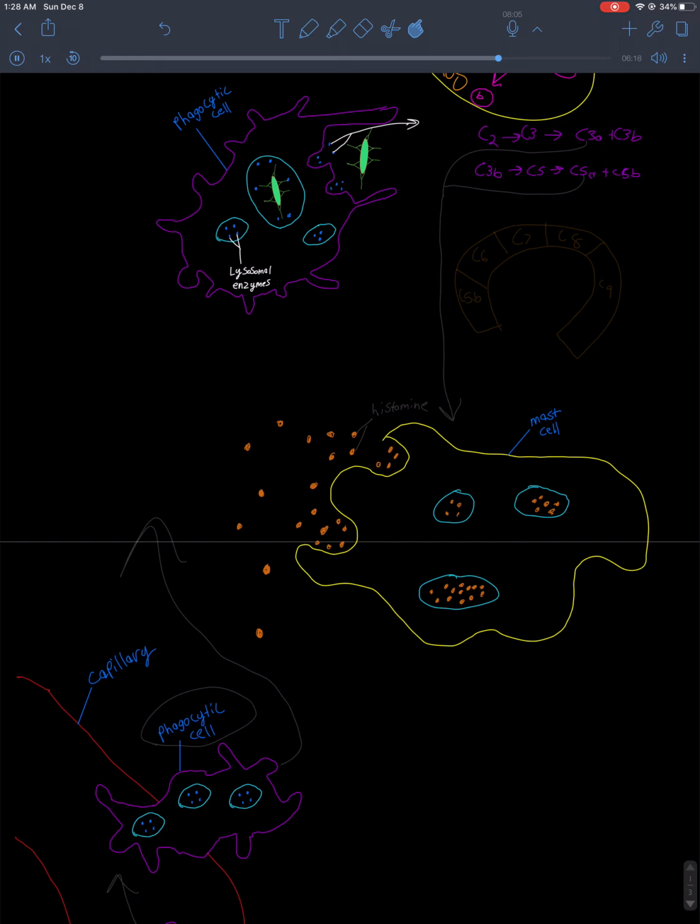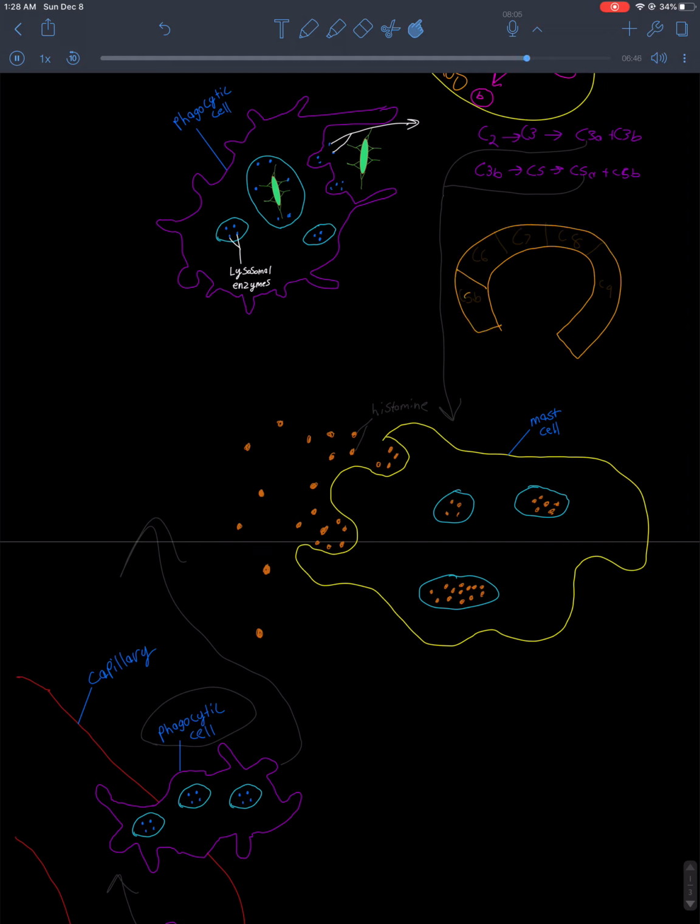C3A and C5A will act as chemokines and attract additional macrophages, neutrophils, and monocytes to the site of infection. C5b, in addition to C6, C7, C8, and C9, will embed themselves into the membrane of the cell.